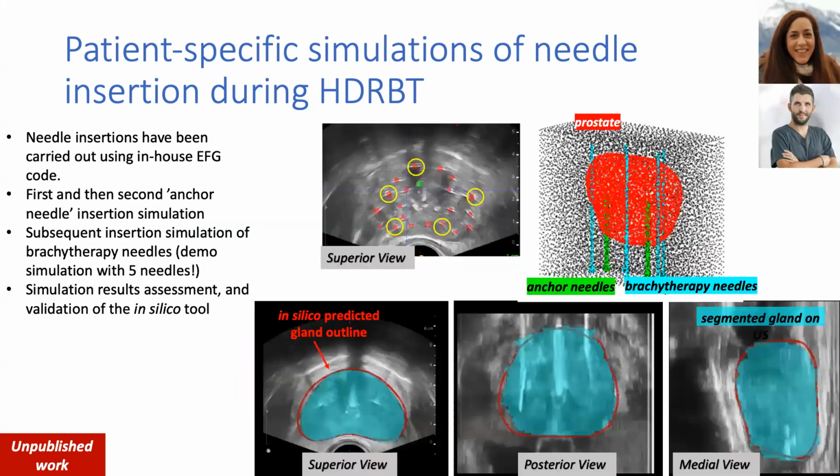It's about to go out very soon. And these are two demonstrating comparisons between the red outline, which is the tumor, so the prostate, and the ultrasound, which is in the background, and the sky blue is the segmented prostate gland.